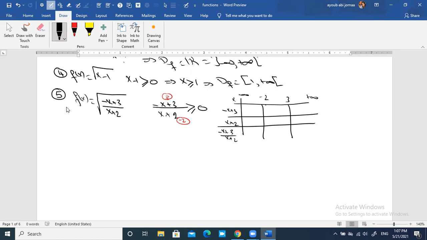Negative 2 is shaded, it is not in the domain, because the denominator can't be 0. Negative x plus 3, the root is 3. Before the root it is positive because the coefficient of x is negative. Then negative, positive.